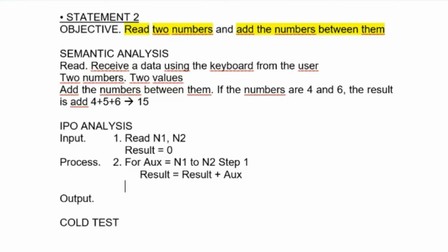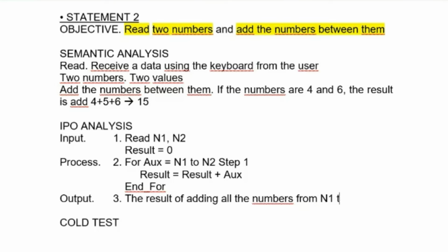And then end for. And what is the output? The output is the result of adding all the numbers from N1 to N2. And this is the output analysis.